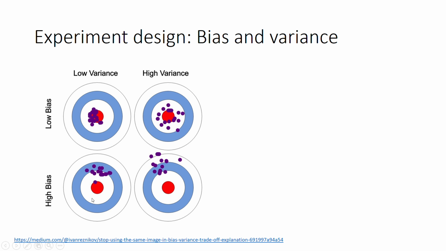One is you have a low variance, but the average of your observations is not the correct one. This would be the case if, for instance, you are making your measurements incorrectly, or even worse, you have high bias and high variance. So bias typically invalidates all your conclusions.